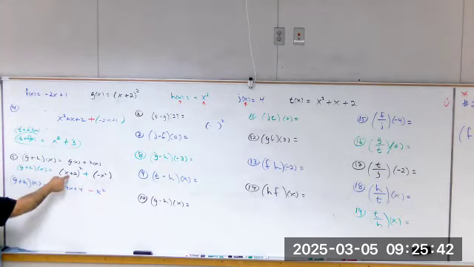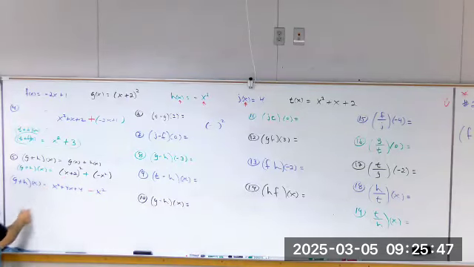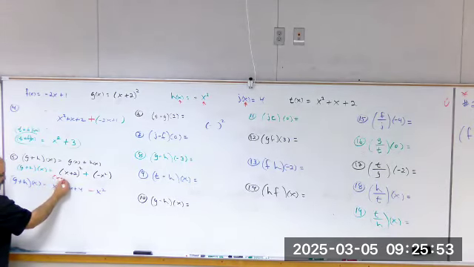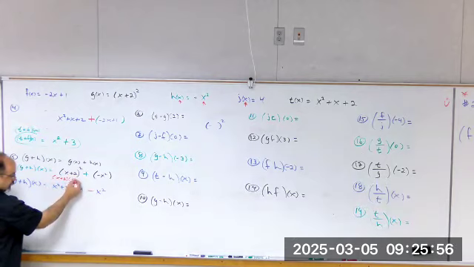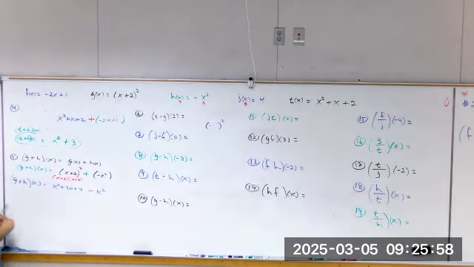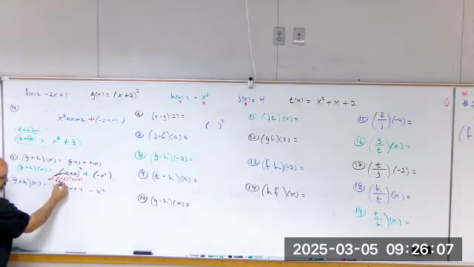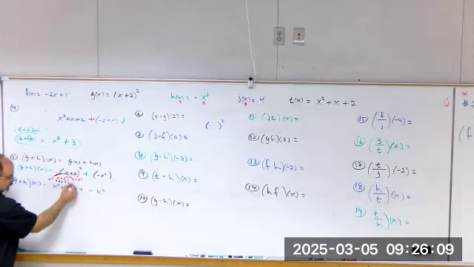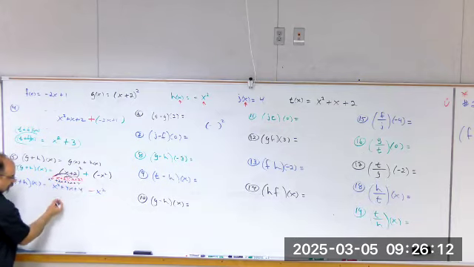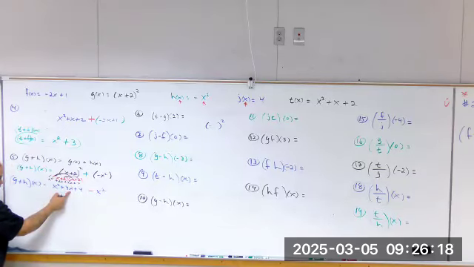You better get used to going from here to here because you know the special product rule, or you need to be able to distribute. x plus 2 squared is x plus 2 times x plus 2. So we get distribution, x times x is x squared, x times 2 is 2x, 2 times x is 2x, 2 times 2 is plus 4. There's the x squared, 2x plus 2x is 4x in the middle, and then you have that plus 4.